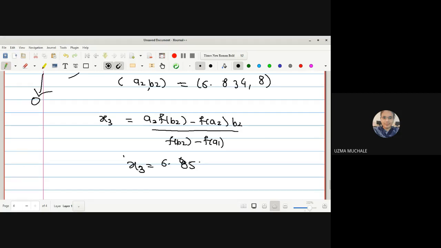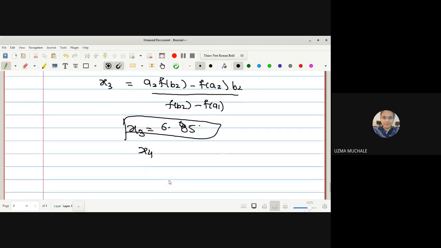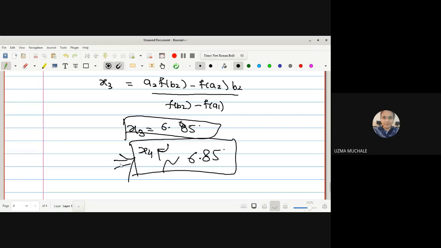x3. Similarly, calculate the value of x4. And if it is also 6.85, we'll stop the iterations. If it comes approximately close to 6.85, we can stop the iterations. Okay, calculate this one, x4.